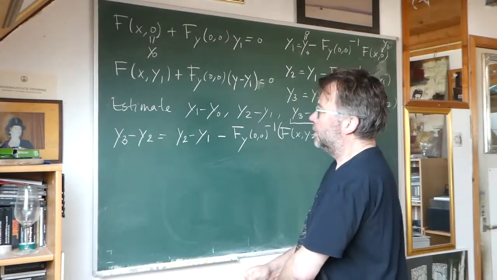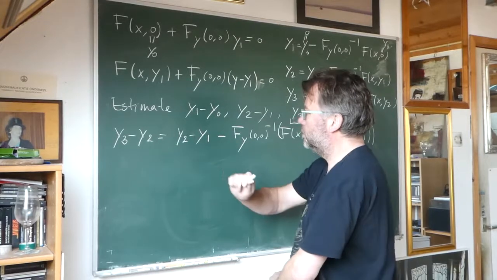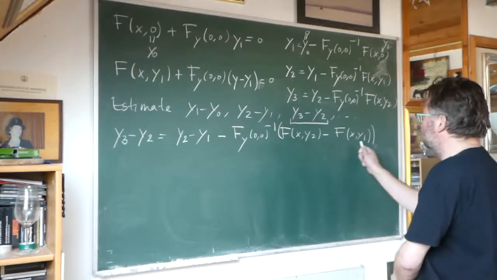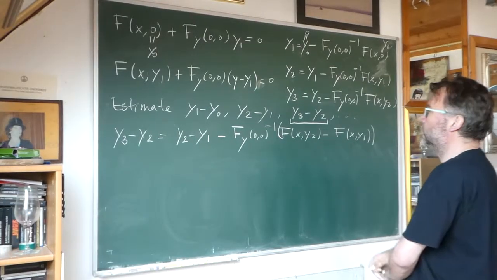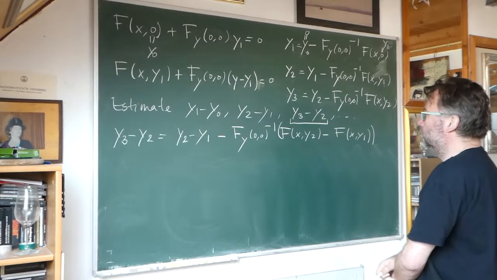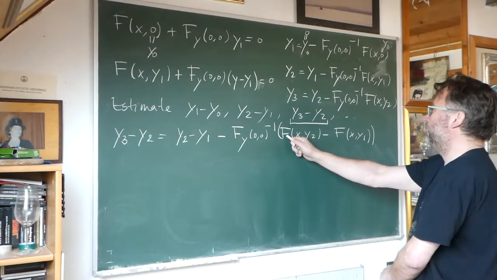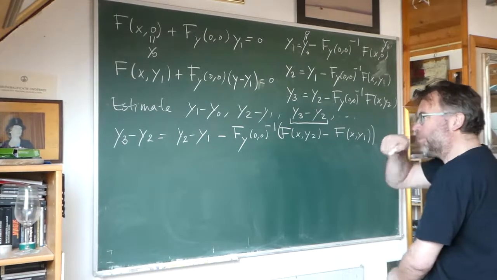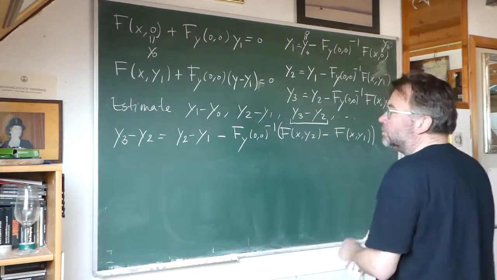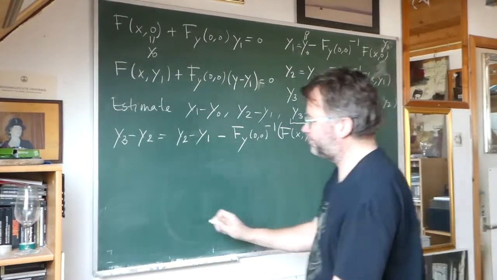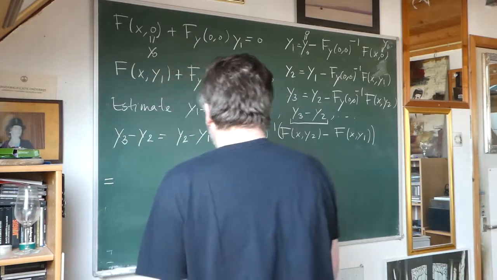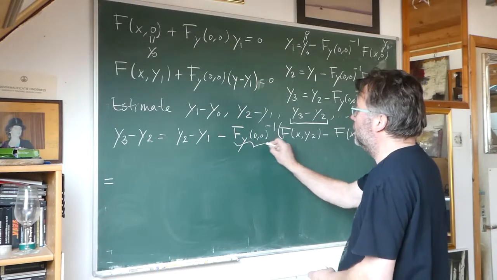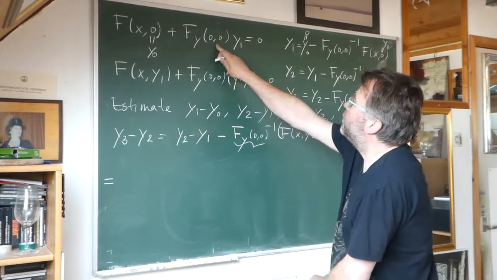So here's the difference of y3 and y2, y2 and y1, and this also has to do with the difference of y2 and y1, because it's for the same x, the difference of a function in y2 and y1. So it's equal to this inverse of the coefficient of the linear term.